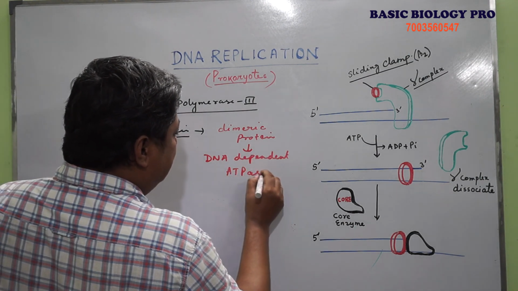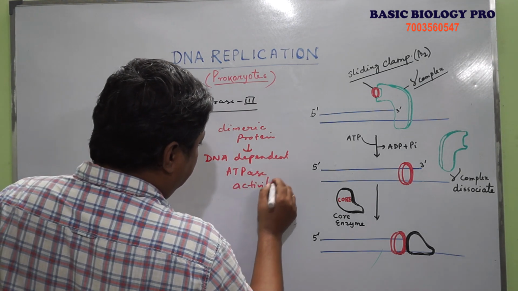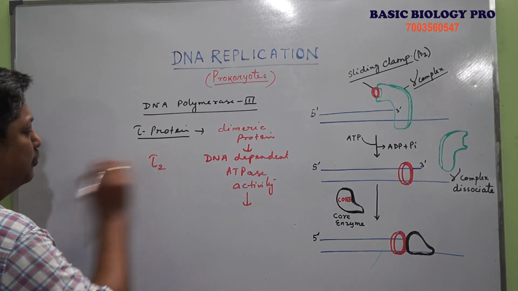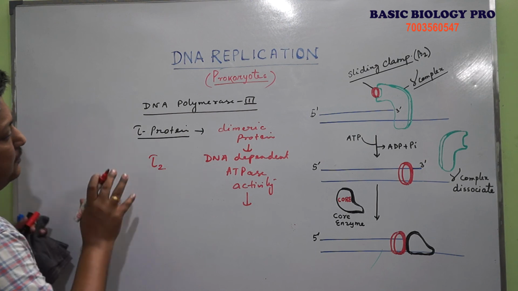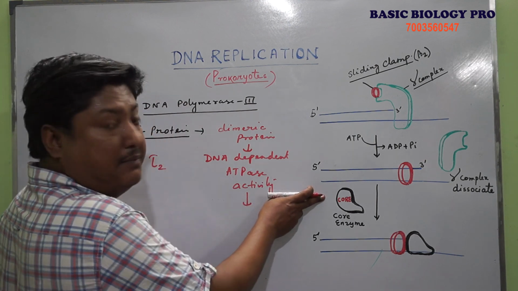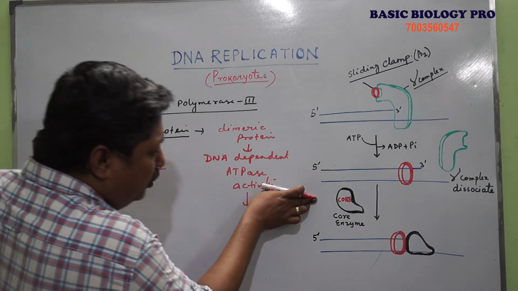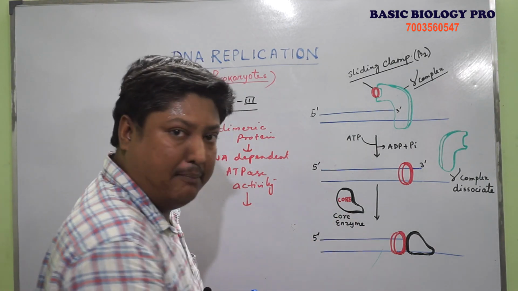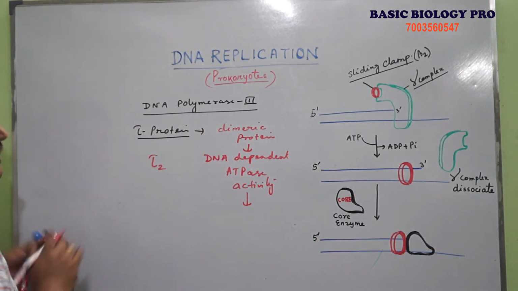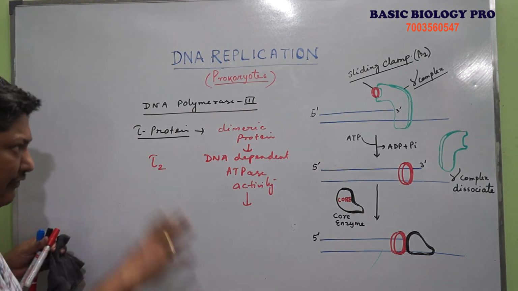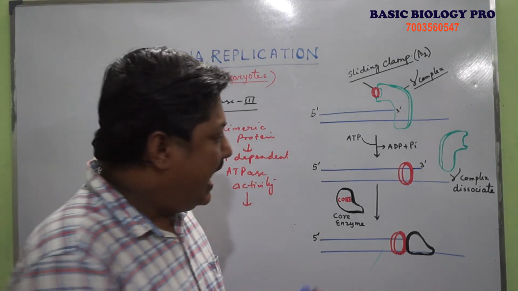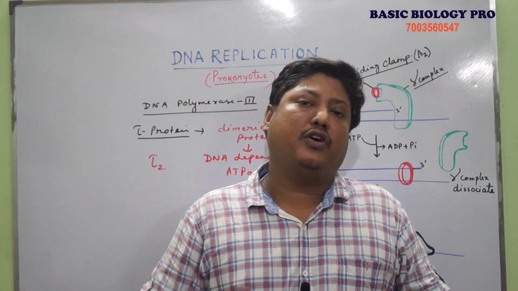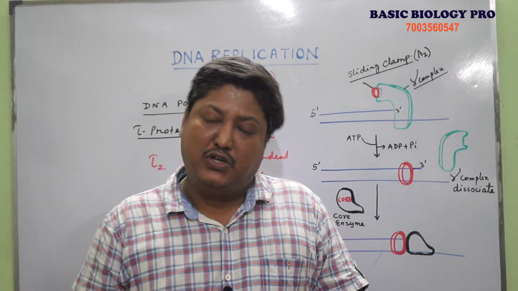This tau protein forms a complex known as tau 2. It is a dimeric structure and is responsible for the loading of the core enzyme that I have discussed previously. It loads the core part onto the growing strand and attaches it with the clamp. And in this way, the whole DNA polymerase 3 activates the replication process and initiates the synthesis of the growing strands. So in a later video, I'll be talking about the mechanism of replication in prokaryotes.